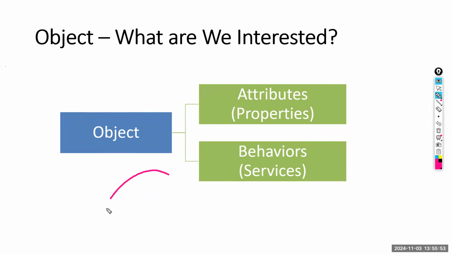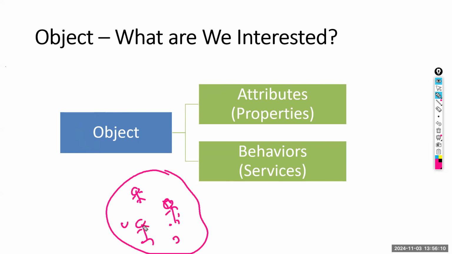For example, if you look at an office, you will say there's a security object, maybe one or two, manager objects, operator objects, maybe some other objects also. And each object, or set of objects, has its own attributes, properties, behaviors or services. So we need to model both for an object.